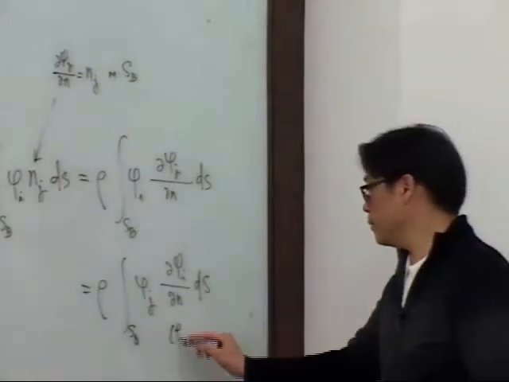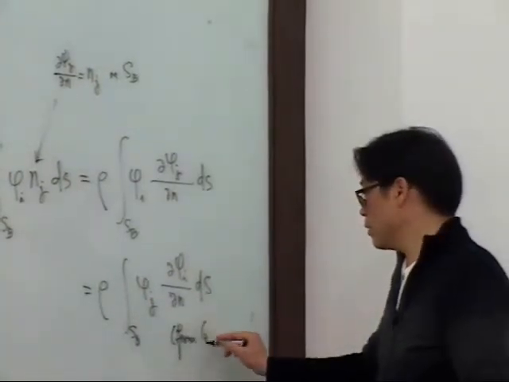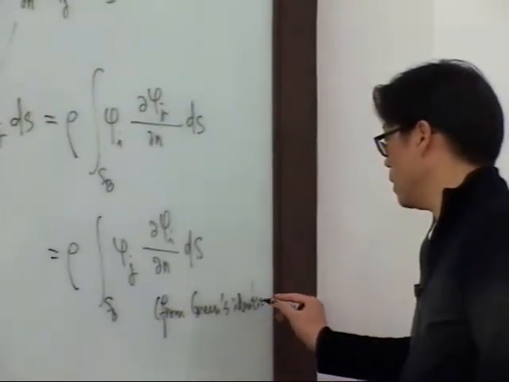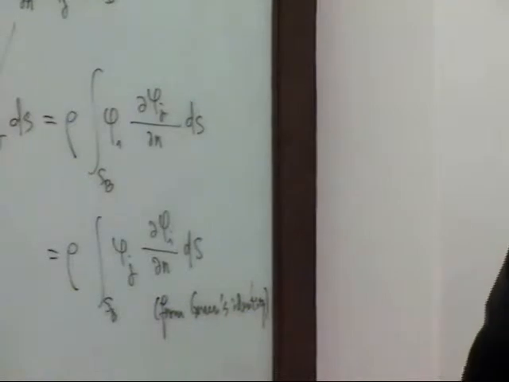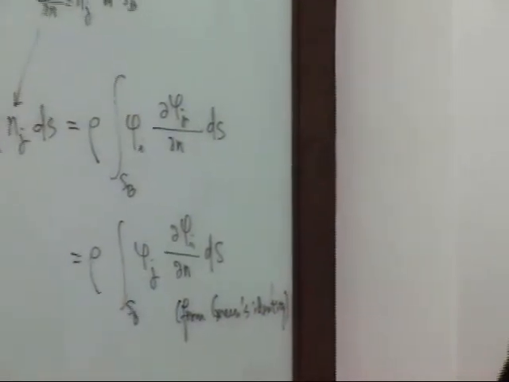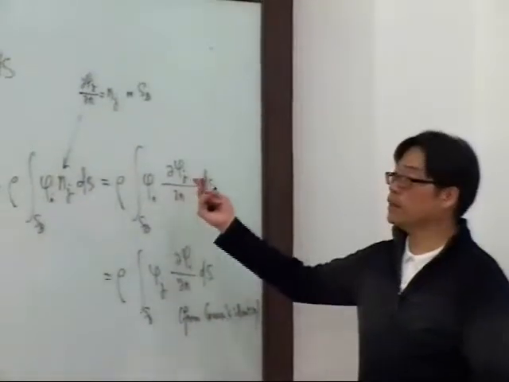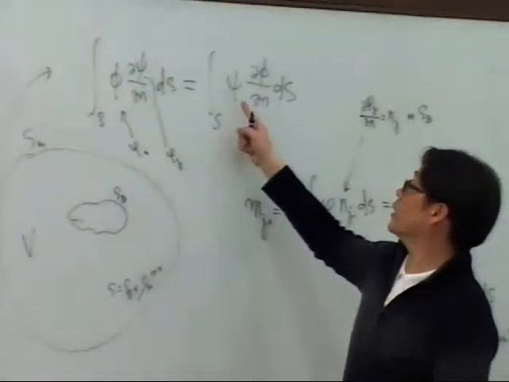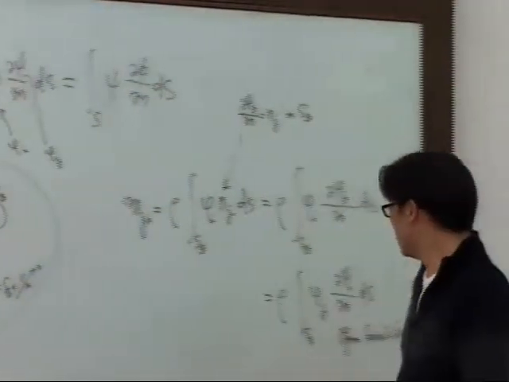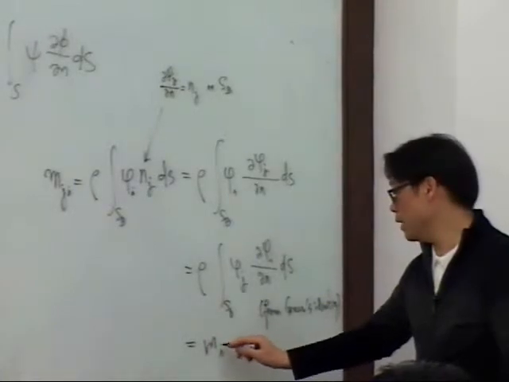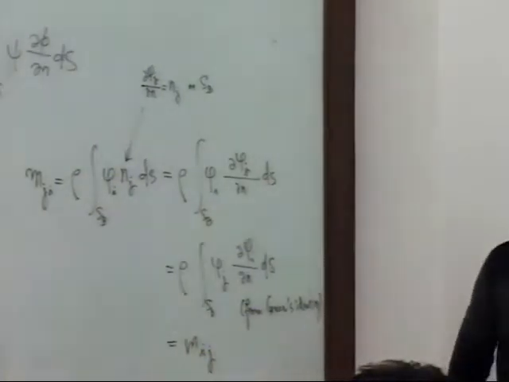This is from Green's identity. So I switch j and i, I have phi_i, phi_j, and then I can switch. And this is exactly M_ij by definition.